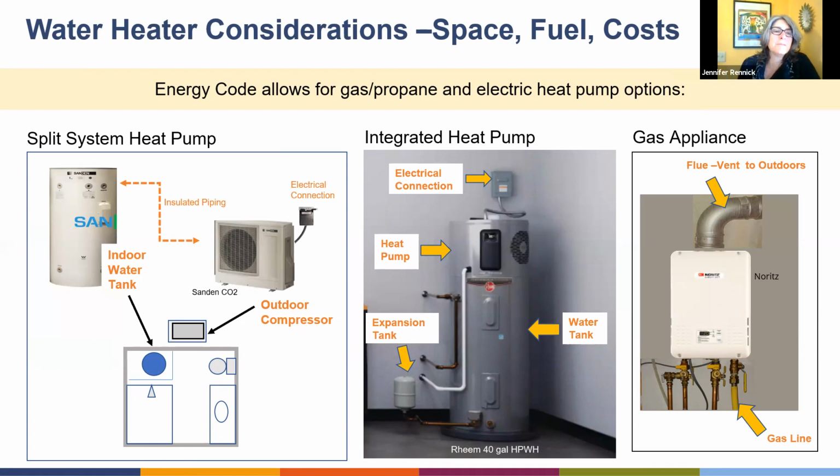And then the other type of system we've seen happening more and more is this split system, where the outdoor compressor heat pump has all the same mechanism. It's just separated now from the hot water tank.